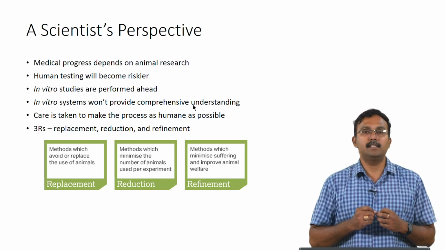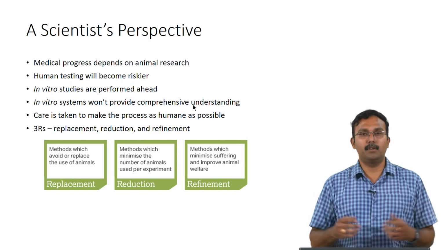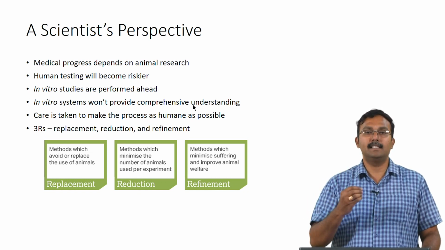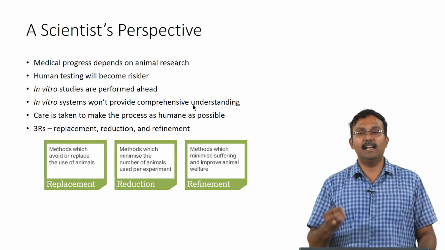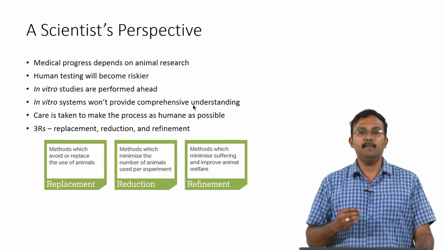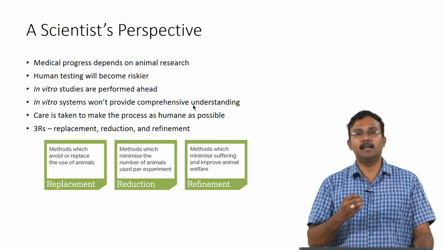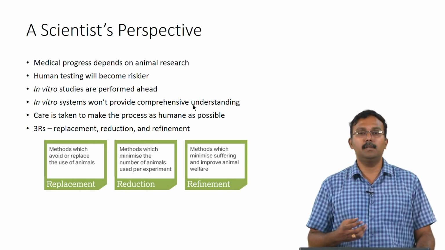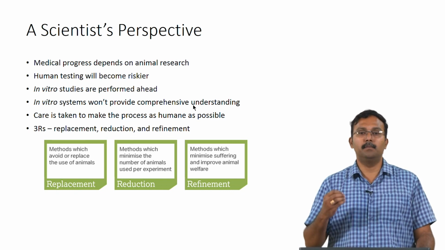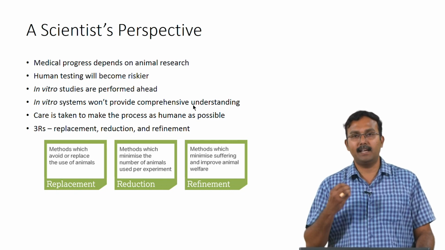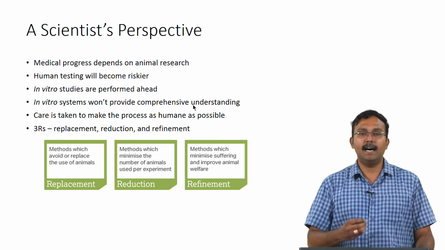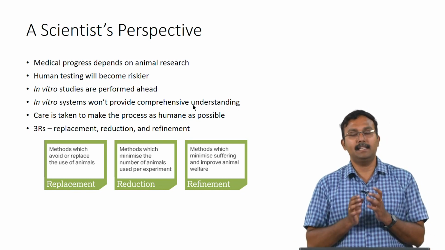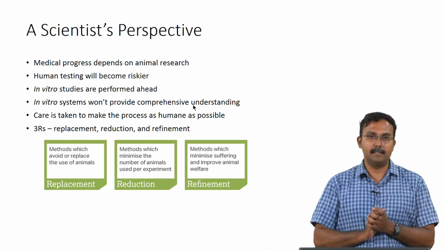You do not test it on a large number of animals, you test it on the required number of animals to get a significant and scientifically valid result. Refinement is using methods which are more refined, which will cause lesser pain to the animals, minimize the suffering and improve animal welfare as well. So, these 3 R's are always followed by any scientist. These are the arguments which are put forth by a scientist.